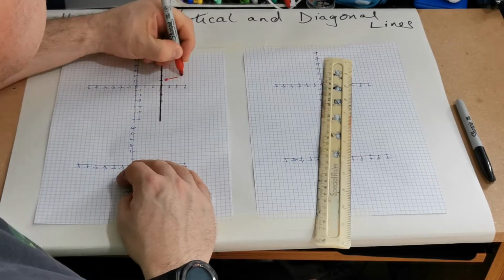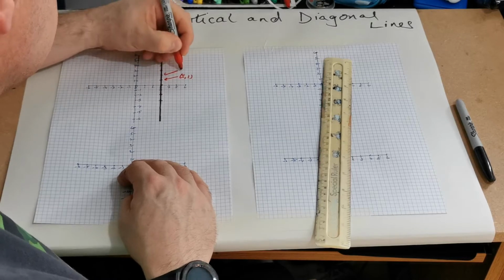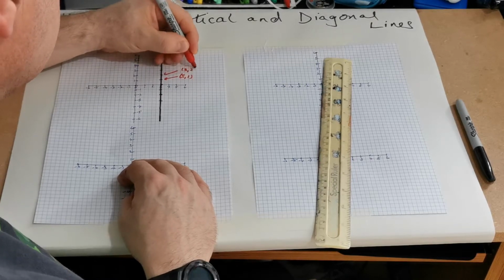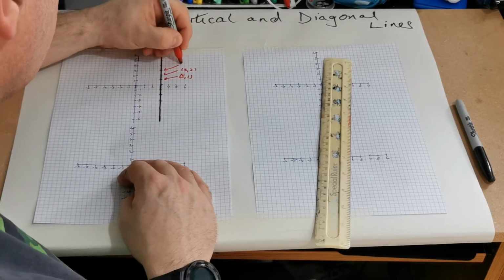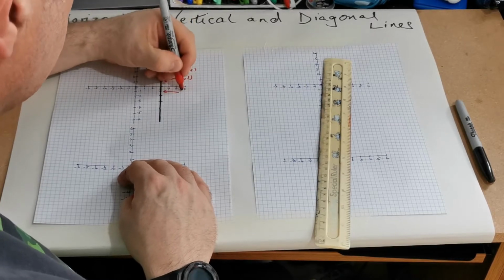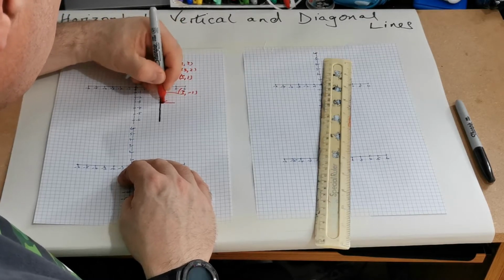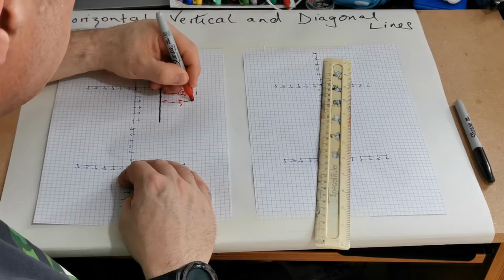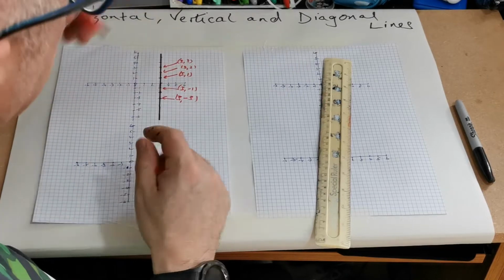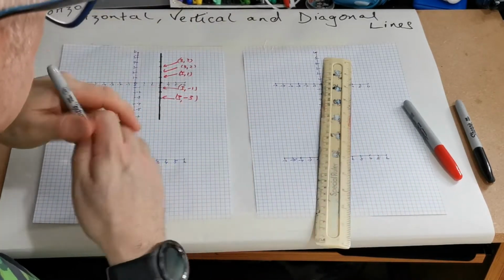So this one here is 3, 1. This one is 3, 2. We've got 3, 3. This one is 3, minus 1. 3, minus 3. And the thing you should see for all of them is that this is always 3.